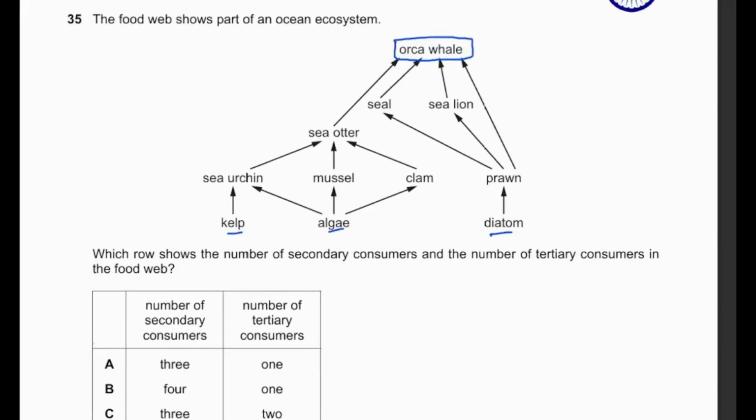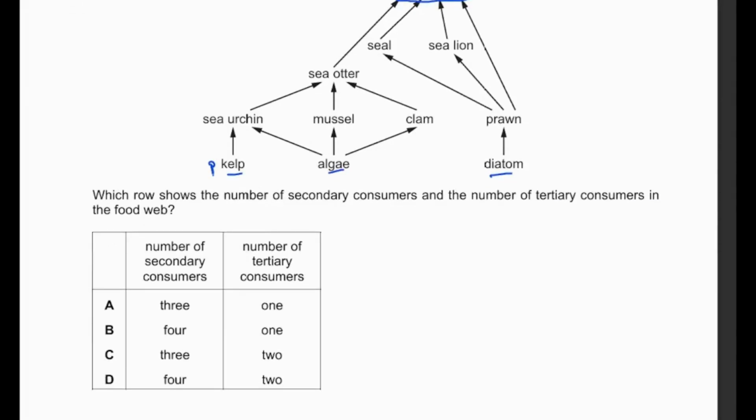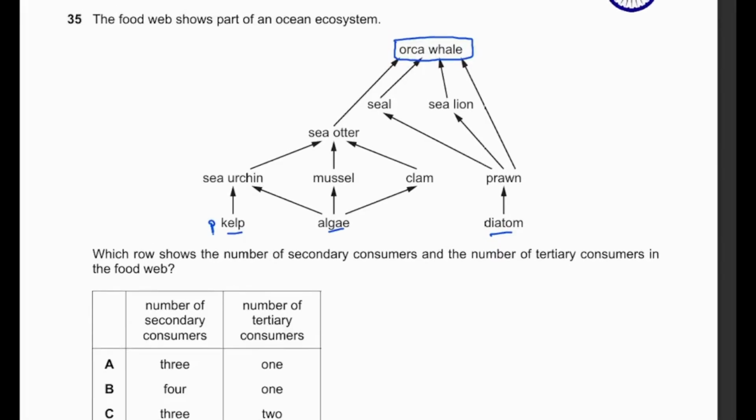How many are there in secondary? This is a primary producer, right? This is producer. Then secondary consumer and tertiary. Tertiary we have only... primary, a secondary one, 1, 2, 3.